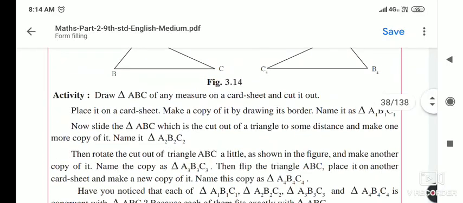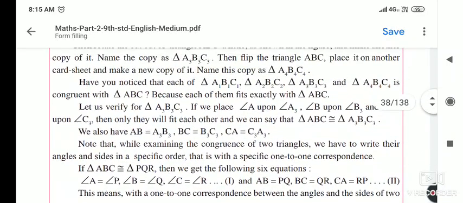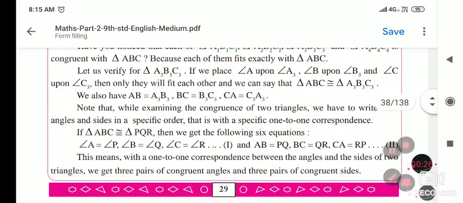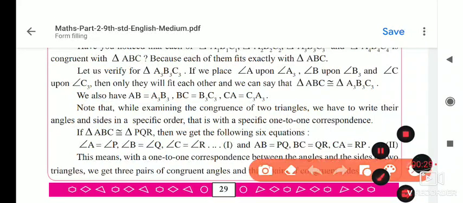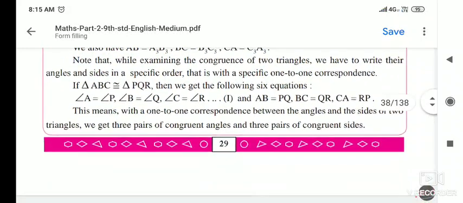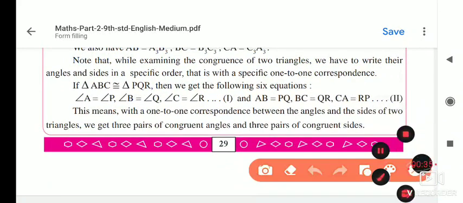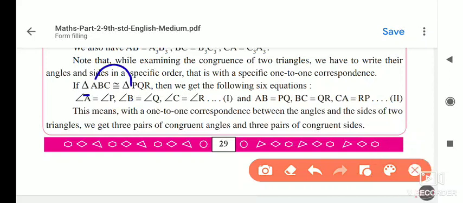From this we understand that when two triangles are congruent to each other, all their angles are congruent to the corresponding angles of the other triangle. For example, here A is congruent to P, B is congruent to Q, and C is congruent to R.